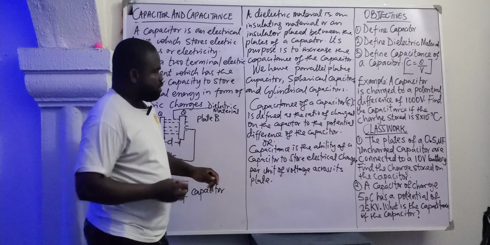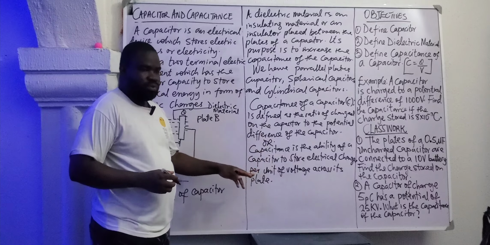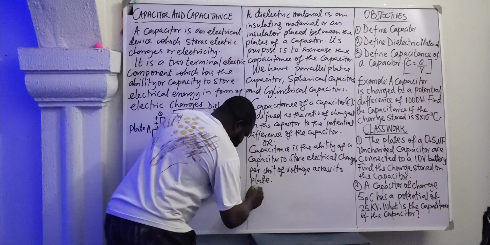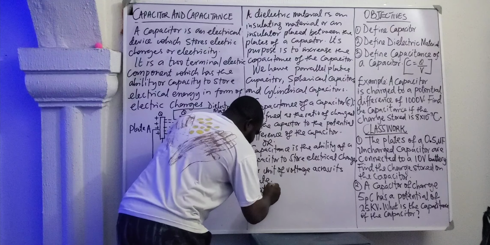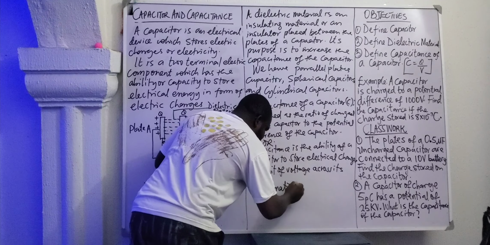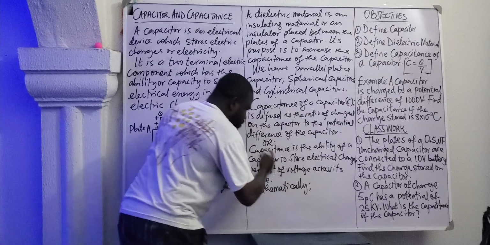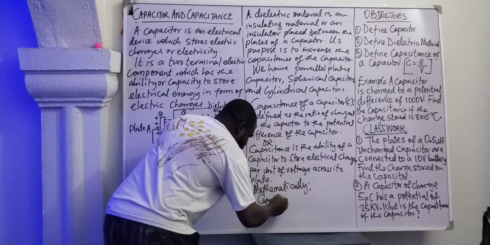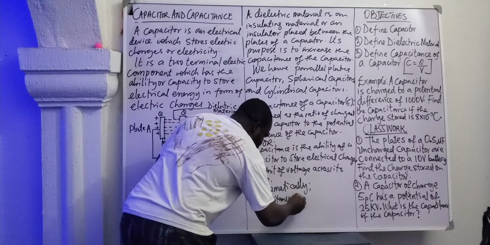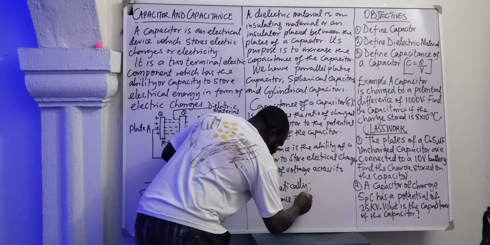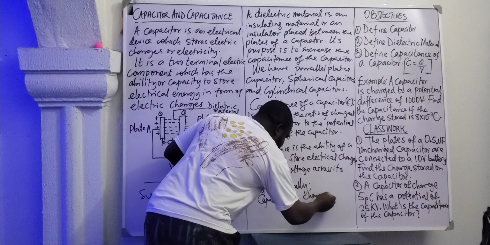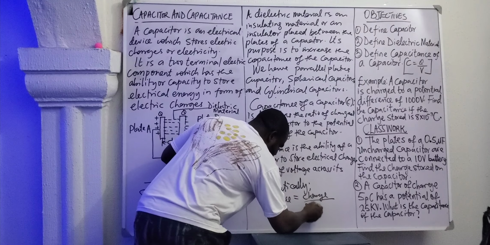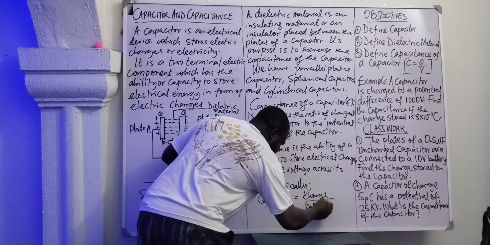Now, if we translate this definition into mathematics, then we will have something like this. We say mathematically, capacitance of capacitors equals the charge on the capacitor divided by the voltage or potential difference.